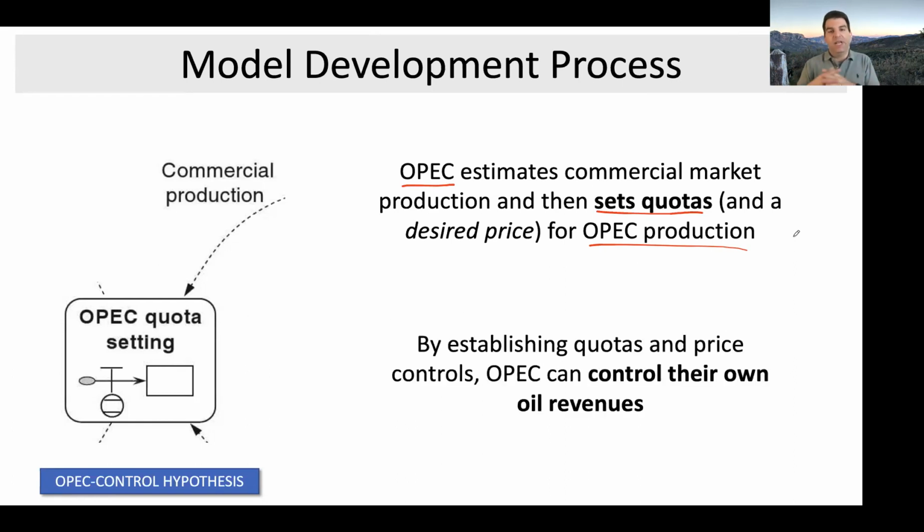Now they can control their own revenues into their country, but they also have the ability to change the amount of oil that is put onto the market in a way to put pressure on other countries that might give them access to other resources. So it becomes more about the politics than the economics.